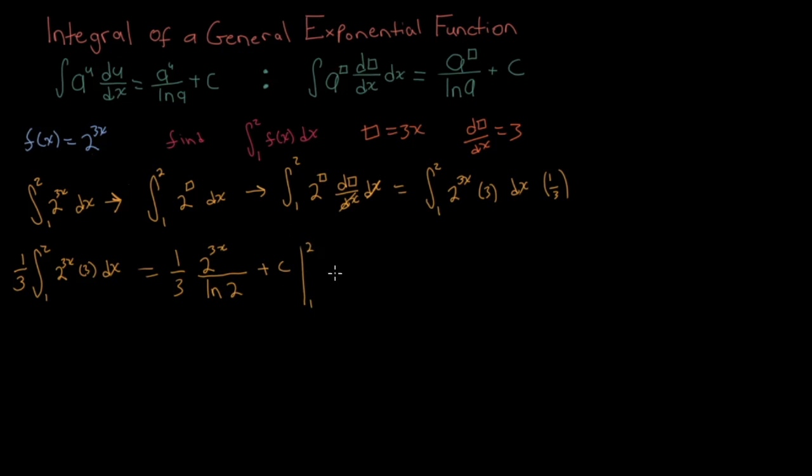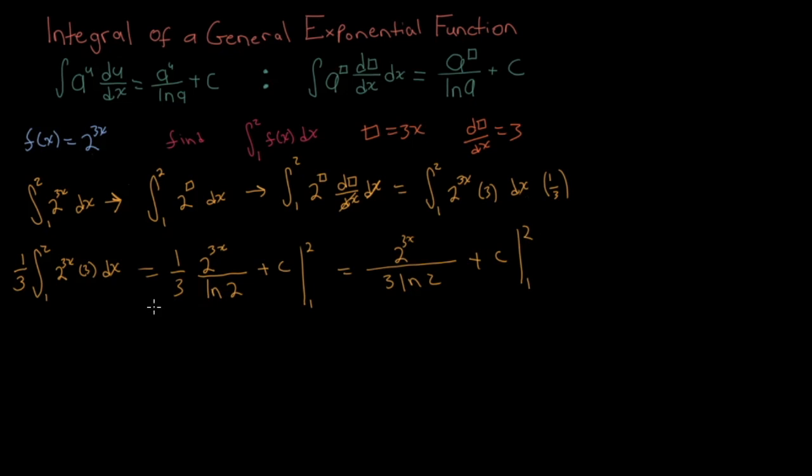And then we can go ahead and further simplify this to make it look a little bit nicer: 2 to the 3x divided by 3 ln 2 plus c, from the interval of 1 to 2. And then from here on in, we can just plug our numbers in.